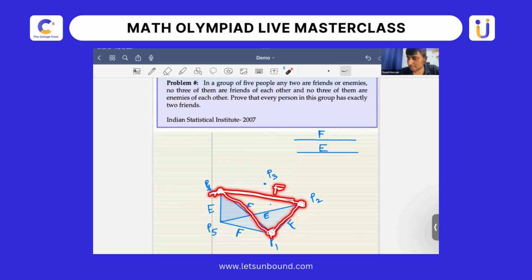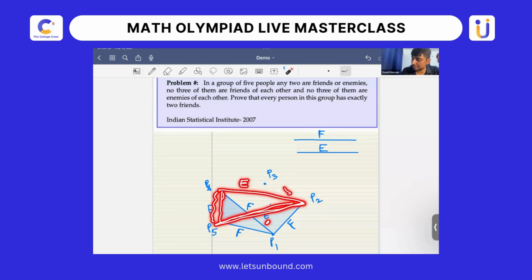So then you might argue that P2 and P4 are in fact not friends, but enemies. If they're enemies, then I'll ask you to consider this triangle, P2, P4, and P5. These two guys, P2 and P5, are enemies. P4 and P5 are enemies.